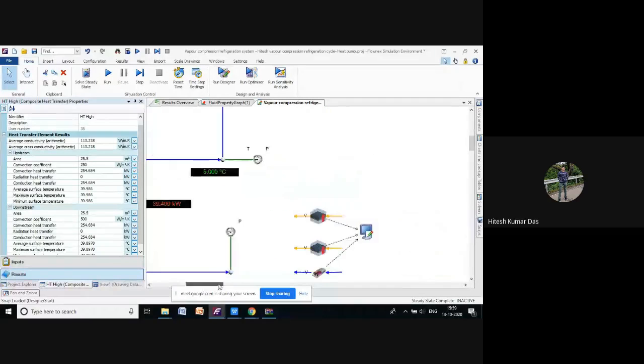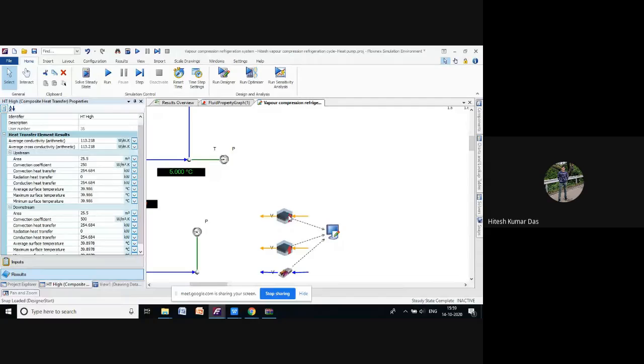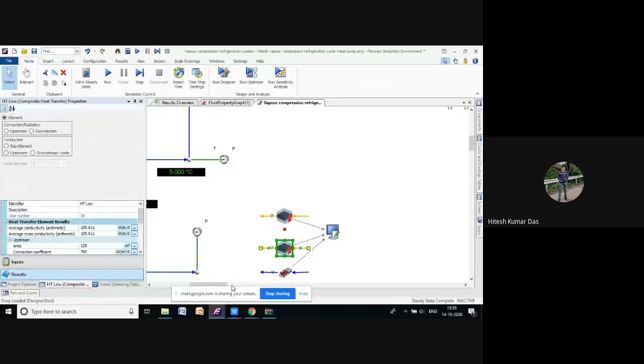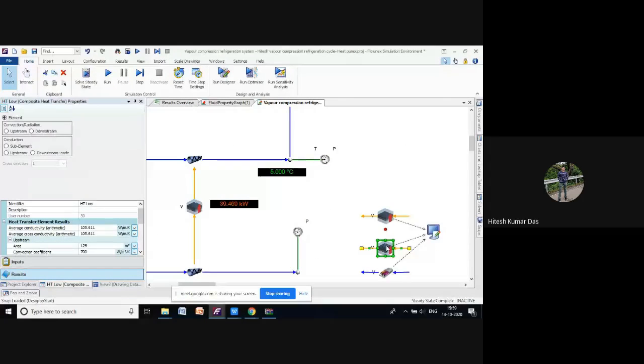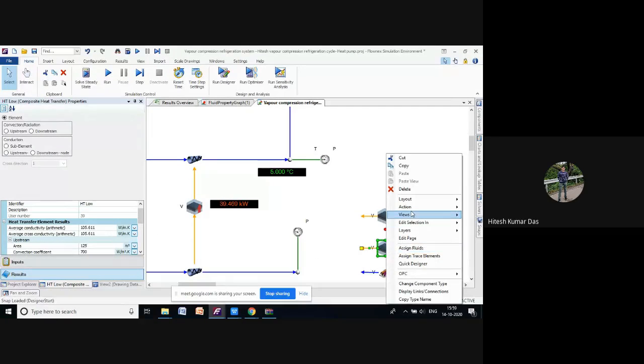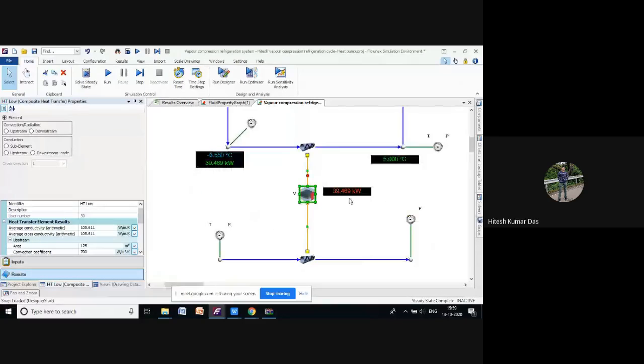It will assign the same value if you copy it in another place. So this heat transfer value we need to assign in this script. So we have applied View. The same heat transfer is used in this evaporator. If you right click on it and click on View, you can go to this one.